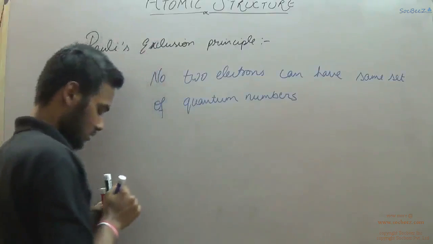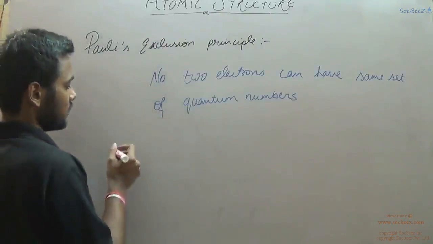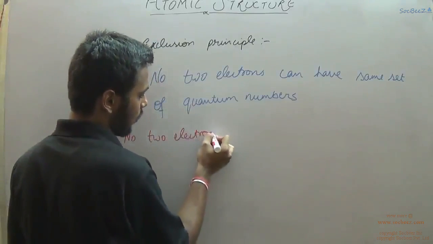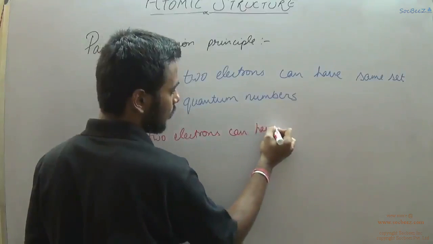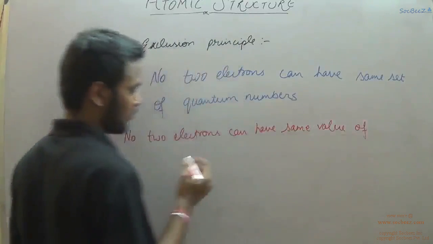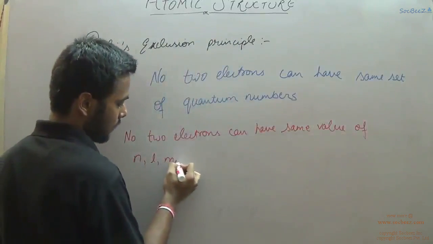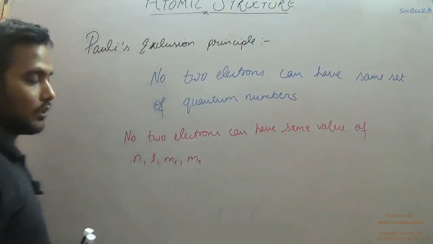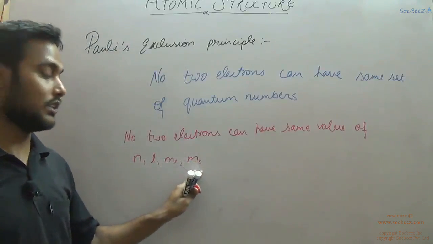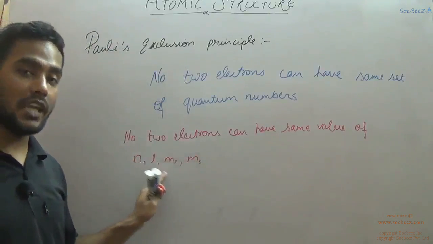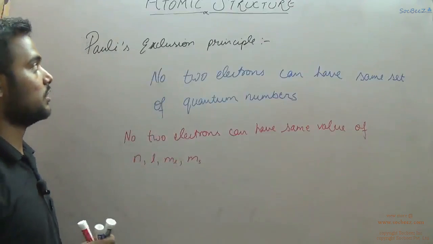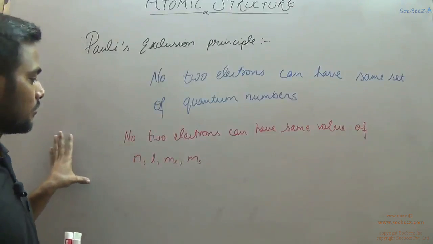In simple terms, no two electrons can have the same values of n, l, ml and ms. That is, these four quantum numbers cannot be the same for more than one electron. So this is a milestone actually.